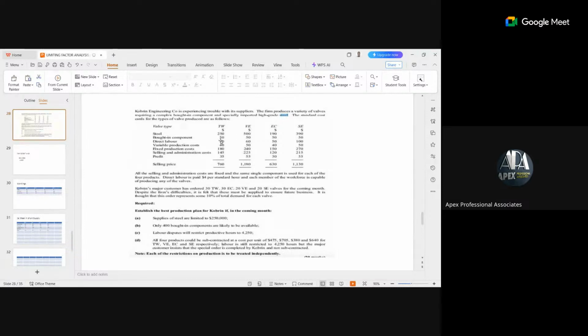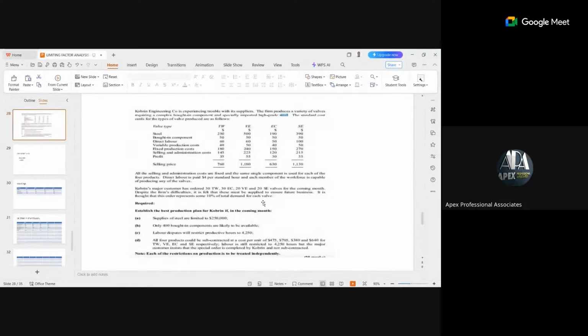Now, for TW, the special order is 30, and the question is now saying that 10% of total demand is this special order. That 10% of this special order is a proportion of the total demand.